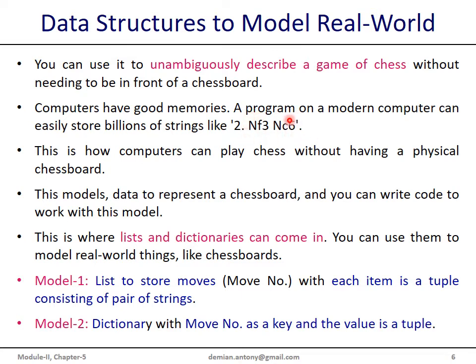The only difference is that here we use the turn as a key for the dictionary and the associated value is a tuple representing these two strings. This is how we can model the chessboard as well as the chess piece movements, and we can write suitable code for this chess game.